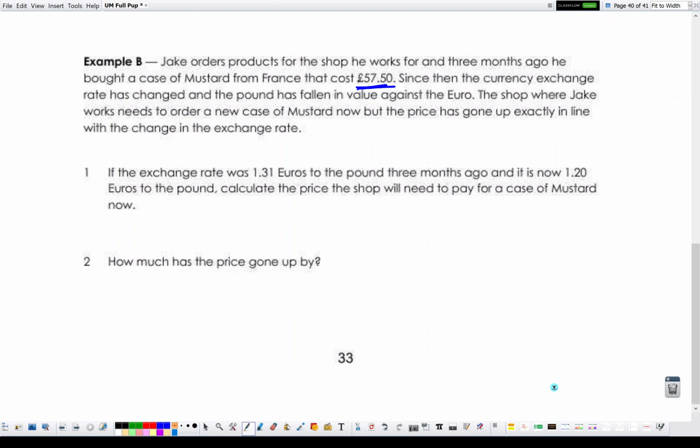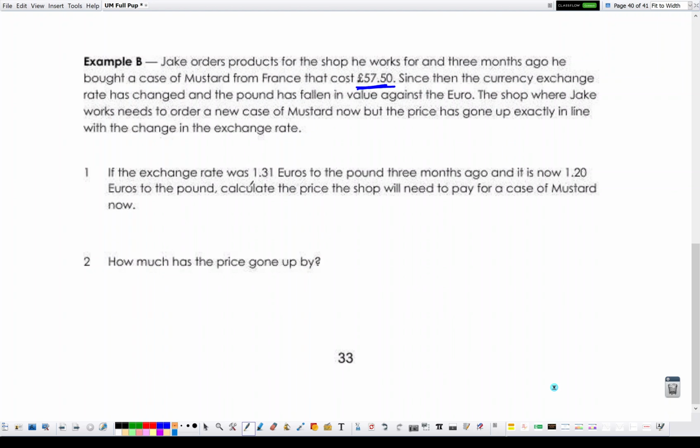The shop where Jake works needs to order a new case of mustard, but the price has gone up in line with the current exchange rate. So 3 months ago he was able to get this case of mustard for £57.70. What this means, if the pound has fallen in value, is it's going to cost him more. So it means you're worse off if the pound has fallen in value, which means the exchange rate is going to be worse for the pound, and the case of mustard is going to cost more.